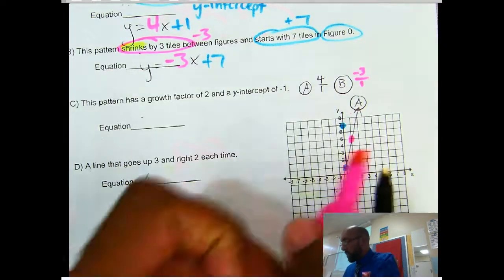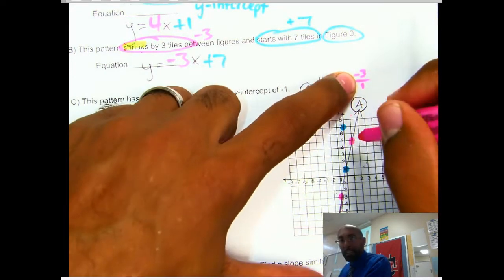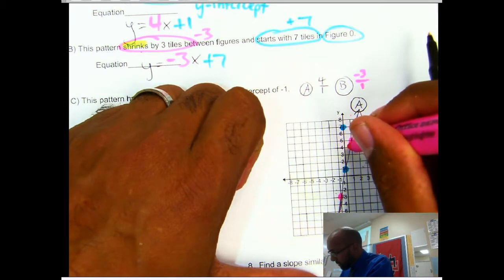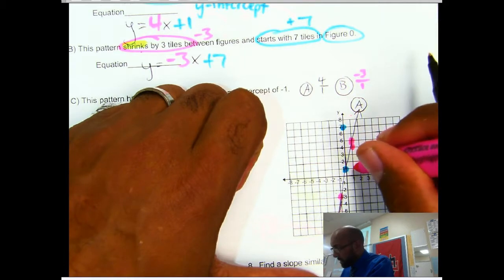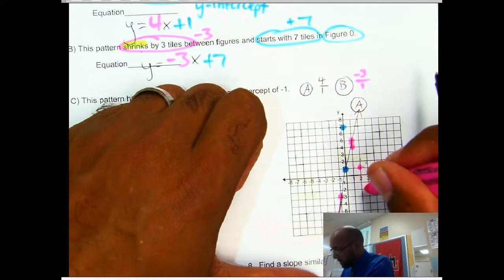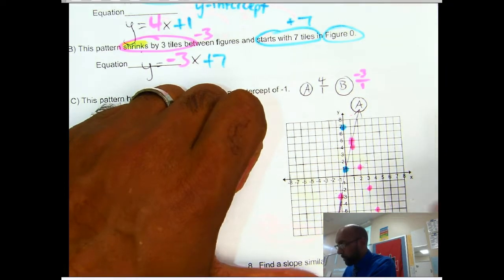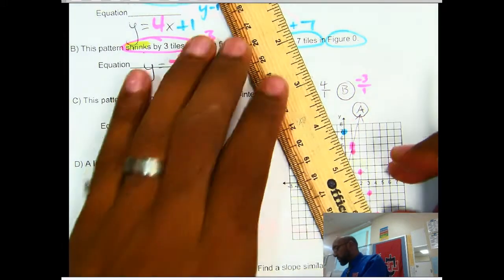So from here, we go down 3 this time, because minus 3. So 1, 2, 3, then right 1. There's the next point. Again, down 3, right 1. Down 3, right 1. Down 3, right 1. Down 3, right 1. Okay, and then make a line. This time I'm going to use a ruler just so I have a nice straight line.